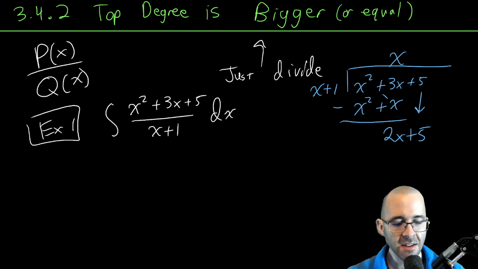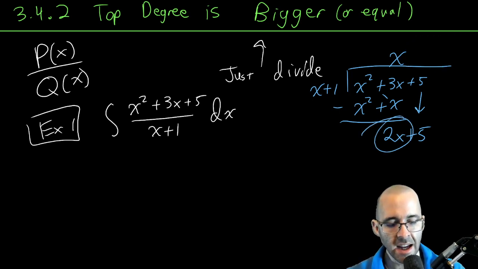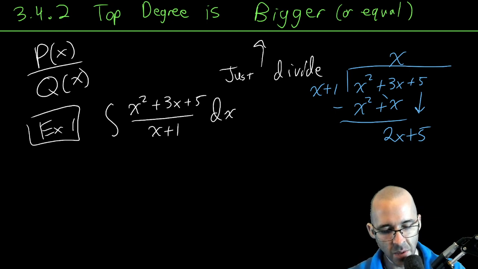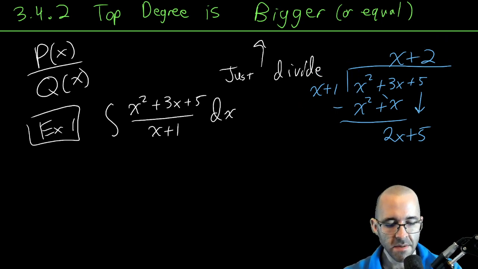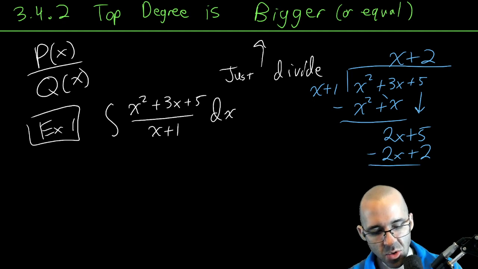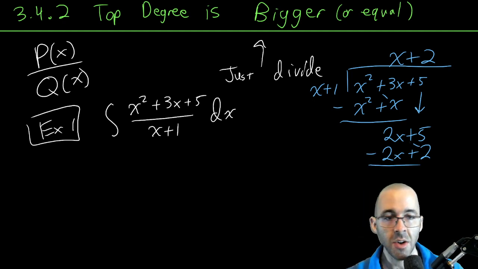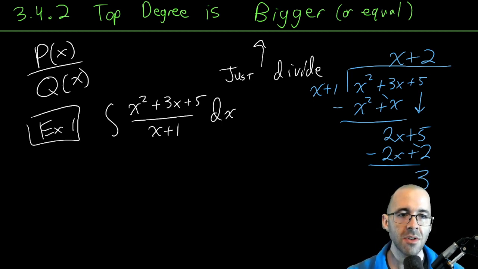And similarly, we have to ask ourselves, what do we need to multiply x plus 1 by to cancel out this 2x? Well, the answer is 2. What is 2 times x plus 1? 2x plus 2. And again, we subtract it out. 2x minus 2x, 0. 5 minus 2 is 3. And that's our remainder.